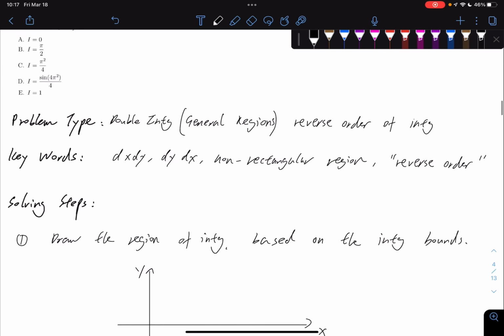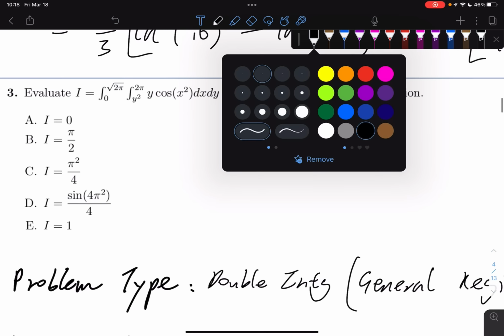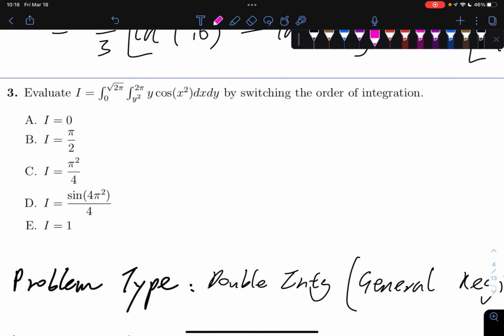Give me a second. So what does this 2 pi mean? This is the upper bound of the dx integral, so that is x2, and this is x1, and this is obviously y2, and this is obviously y1.